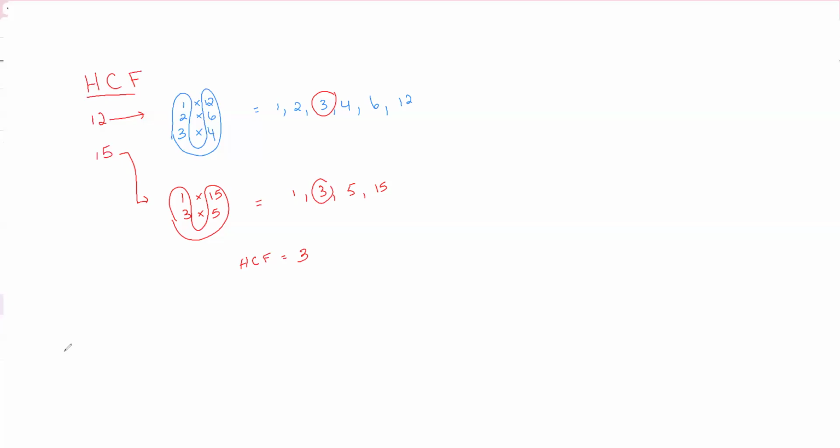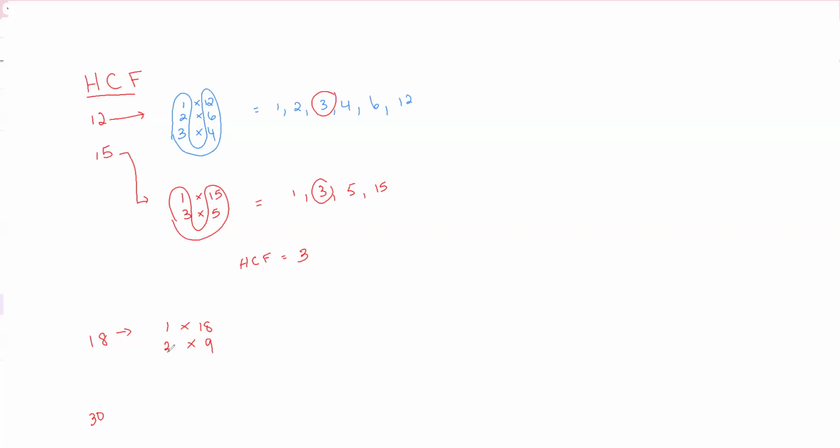So let's say they gave you, find the HCF of 18 and 30. So you look at all the ways you could multiply to get 18. So I could multiply 1 times 18, go up in ascending order. So 2 multiplied by anything to give me 18, yes. 2 multiplied by 9 will give me 18.